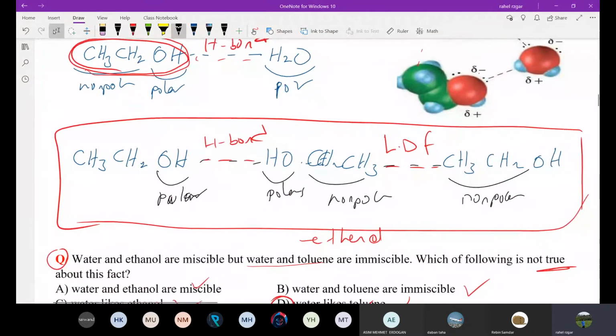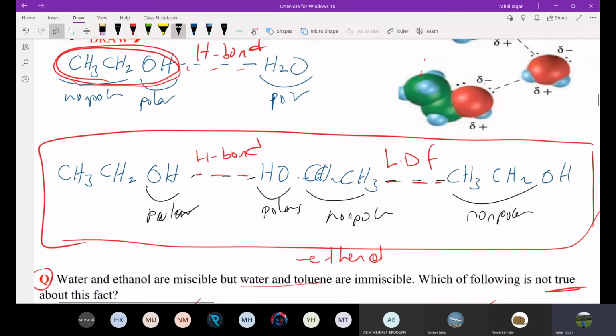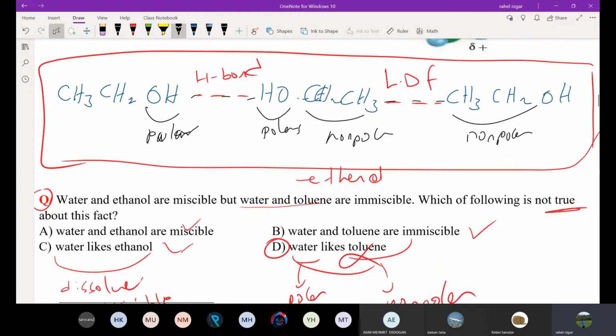Another thing about ethanol itself: throughout its own molecules, it can form both London dispersion forces and hydrogen bonds. The polar sides of the ethanol will face each other, and the nonpolar sides also will face each other. Between the polar sides, they will form hydrogen bond, and between the nonpolar sides, they form London dispersion forces.